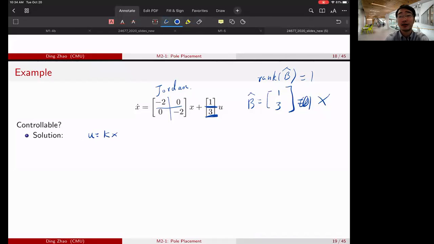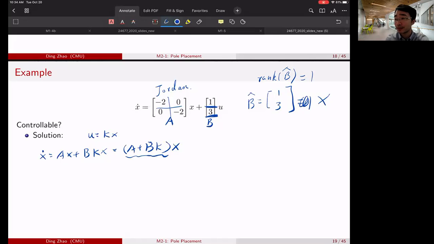So x dot equals Ax plus B times u, which is Kx. This becomes (A plus BK)x. This is our new system. Because the system is not controllable, for whatever K you tune, this new A will not be influenced.